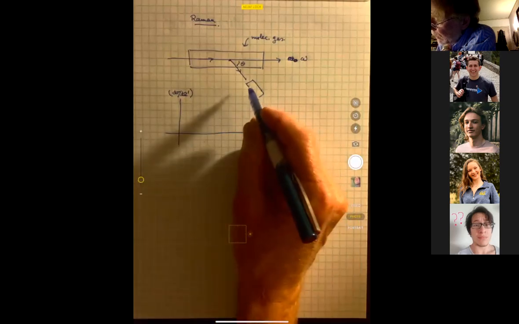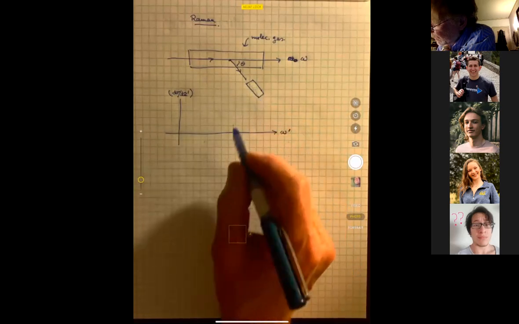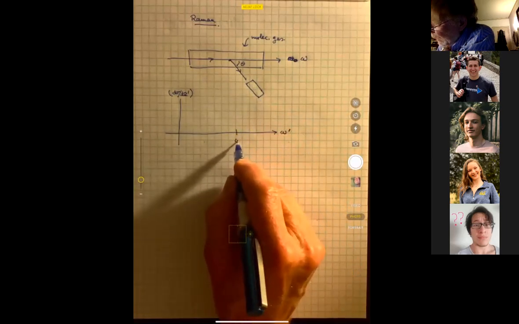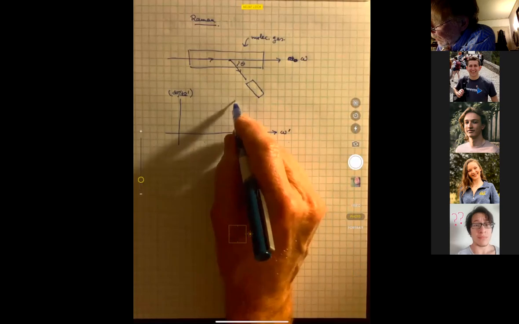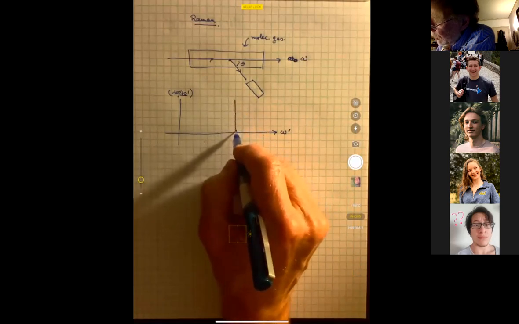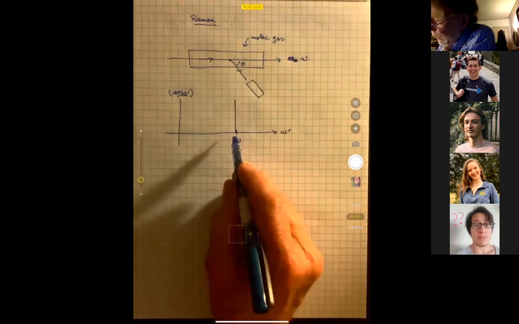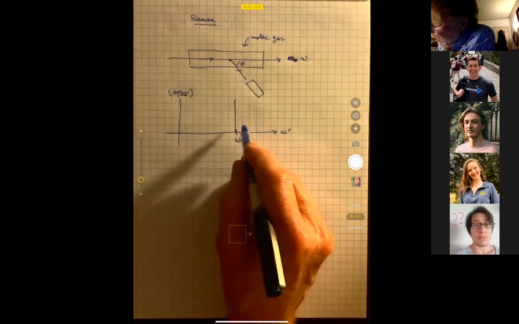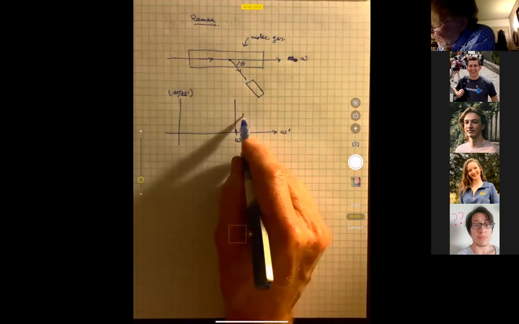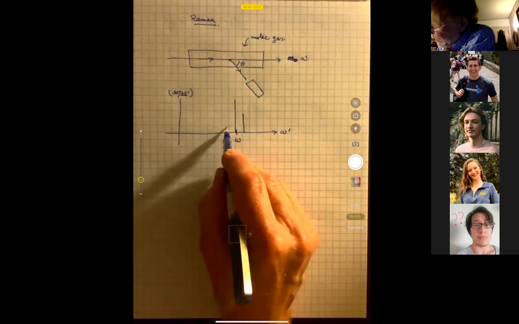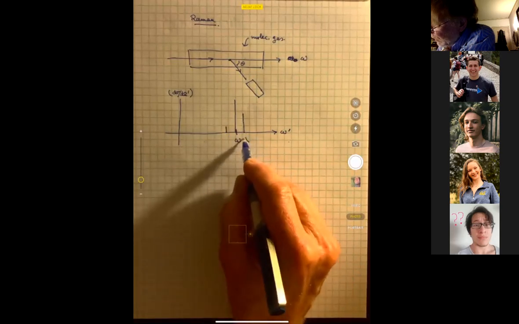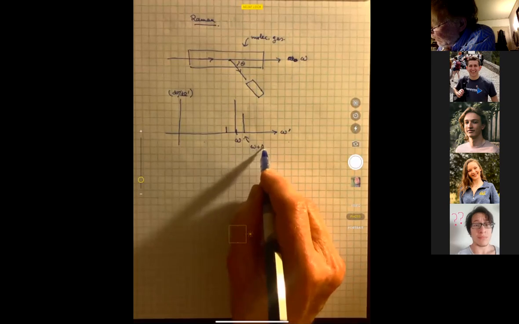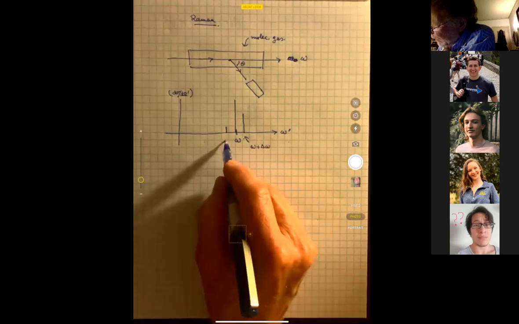That's the energy of the photons detected by our detector. Then at omega, which is the incident frequency, you get a strong spike there. This, of course, corresponds to elastic scattering. However, you typically also find sidebands like this at a frequency omega plus delta omega, and another one at omega minus delta omega.